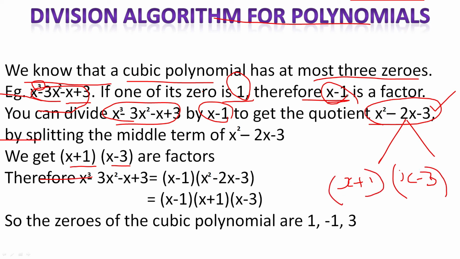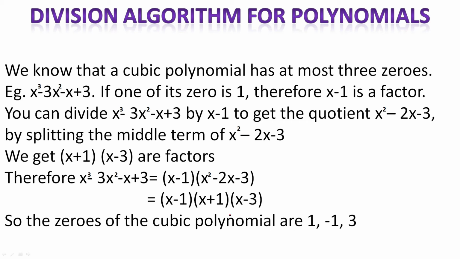Already one factor we got, x minus 1. So x cube minus 3x square minus x plus 3 has 3 factors: x minus 1 into x square minus 2x minus 3, and factorizing this by splitting the middle term, you get x plus 1 and x minus 3.